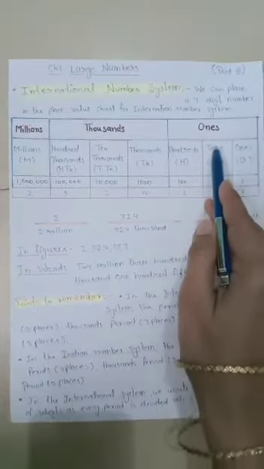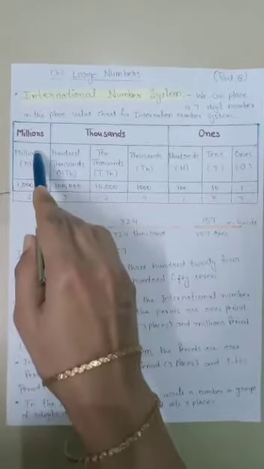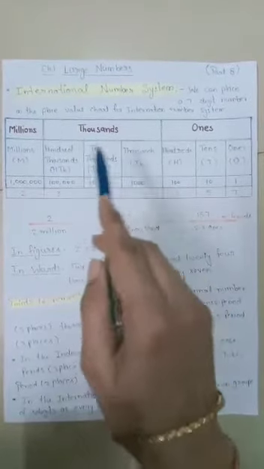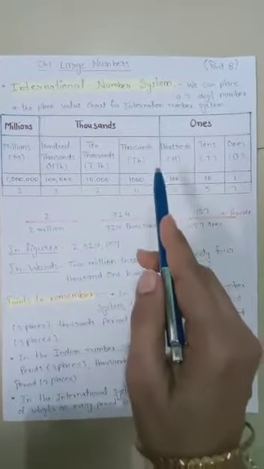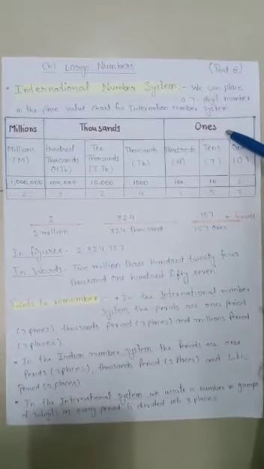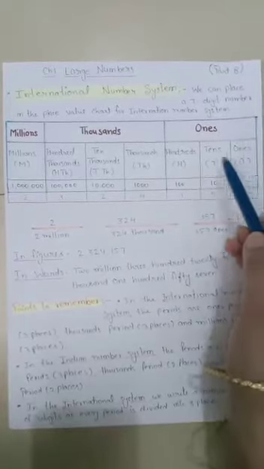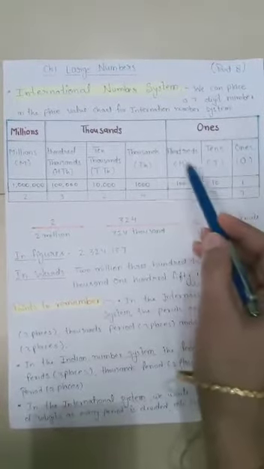These are all the periods of the international place value system: ones, thousands, millions. I will explain the difference between the Indian and the international system here. So listen carefully. These are the ones period of the international number system, and how many places are here? Ones, tens, hundreds, meaning 3 places.